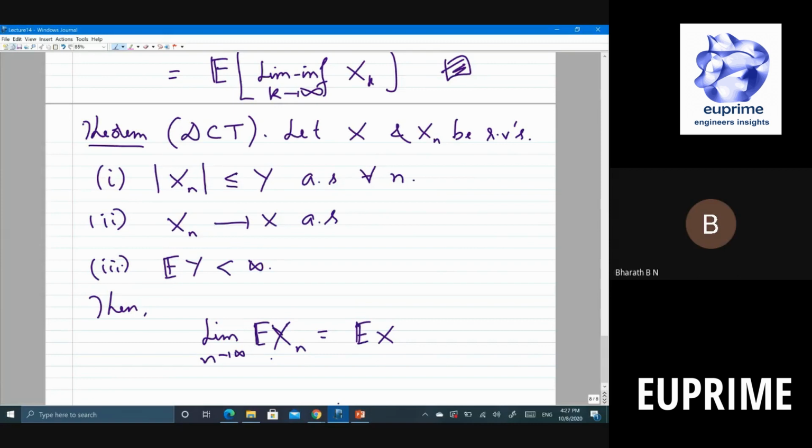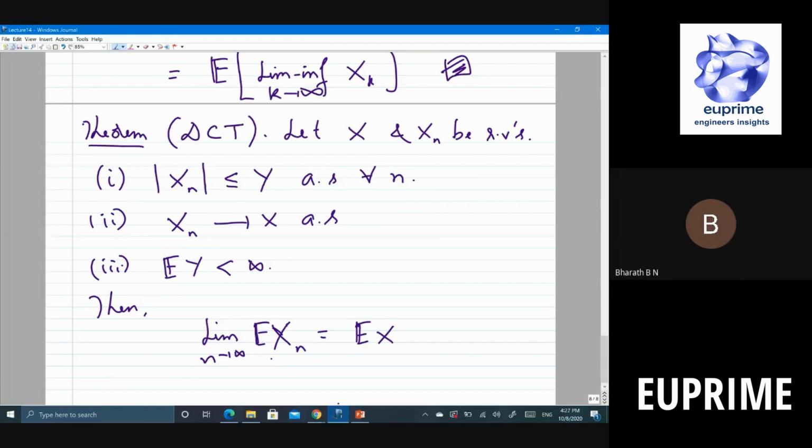So essentially it's saying if Xn converges to X almost surely, and if you have a random variable Y which is larger than Xn but with the expected value of Y being finite, so it's dominated by another random variable Y such that the expected value of Y is less than infinity, then I can interchange the limit and integration.